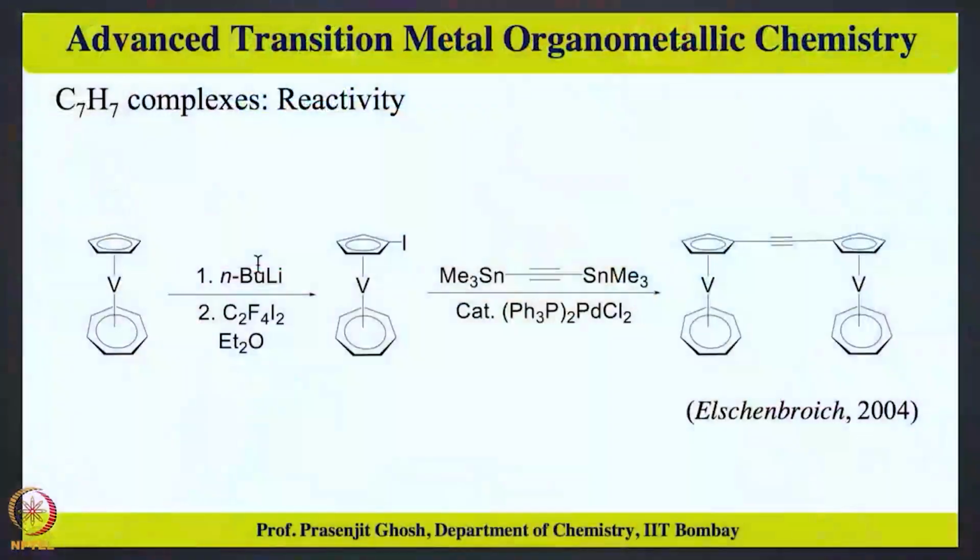Okay. Now, another nice example of this lithiation chemistry on the Cp ring is shown over here. In this case there is an iodination reaction which has been achieved for the compounds using the C2F4I2 reagent, and we are going to be discussing this.